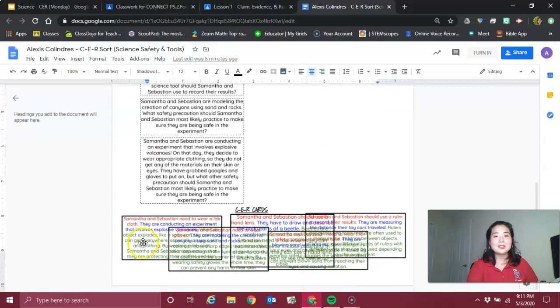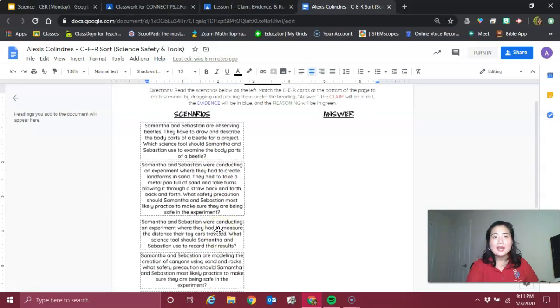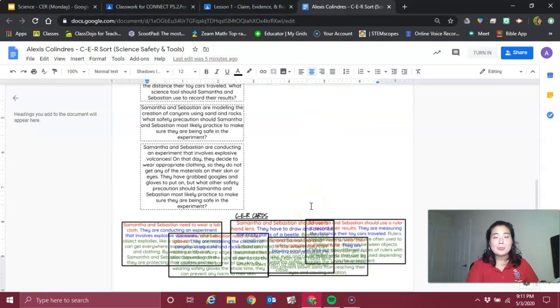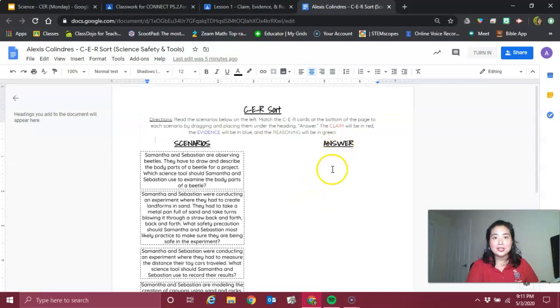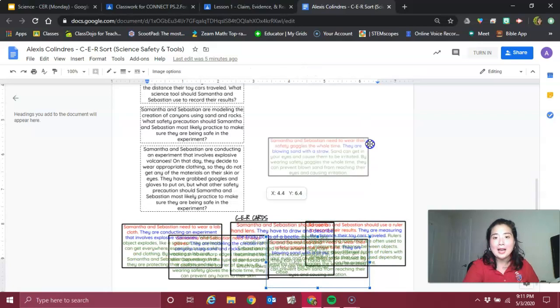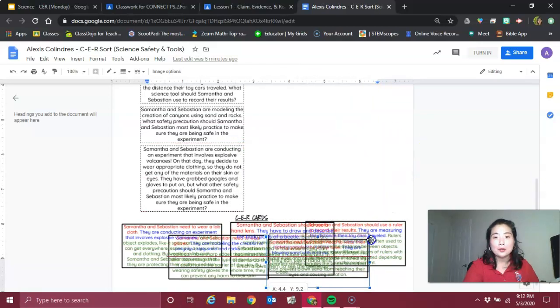So I need to match these cards at the bottom, and these cards are titled CER cards, and I can match them to these scenarios. And it says that I can drag and place them under the heading Answer. So I see the heading Answer, and I see that I can move or drag these CER cards around.